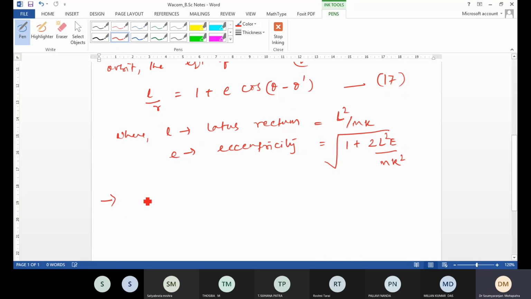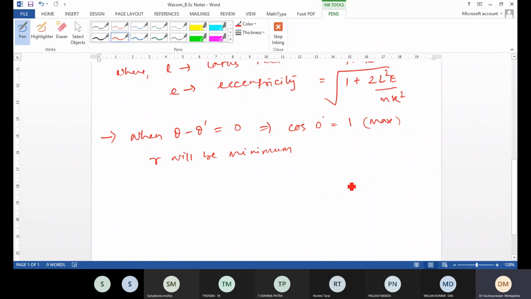So the condition arises when theta minus theta prime is equal to 0, which implies cos 0 equals 1. This is the maximum value it can have. So here R will be minimum. What is R? R is the distance between the Sun and Earth. For example, let's say this is the elliptical orbit.